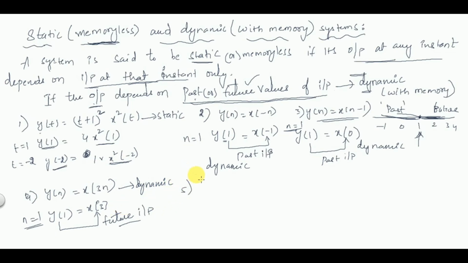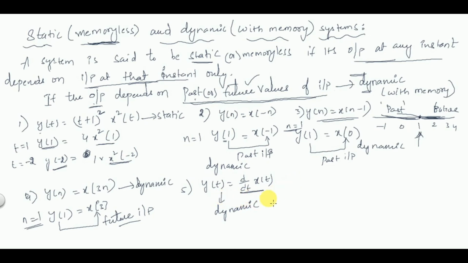We'll solve one more example. Suppose differentiation: y of t is equal to d by dt of x of t. Static or dynamic? It is dynamic always. Why? The differentiation always depends on initial conditions. Initial conditions represent the past stored value of the energy storing elements.